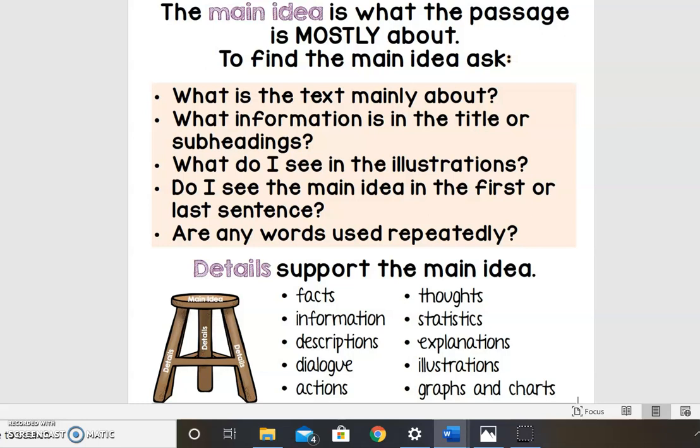Illustrations, graphs, and charts. So once again, you're going to need to pay close attention to the entire selection, and don't forget about those text features. You may think that they're not important, but remember, as we learned last week or reviewed last week, text features are very purposeful.